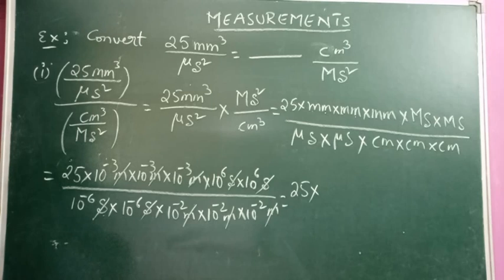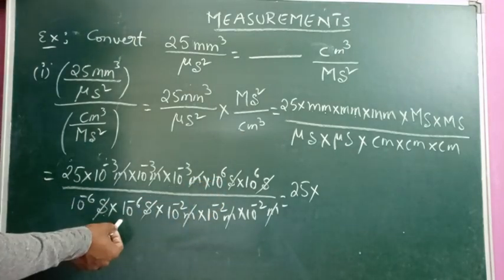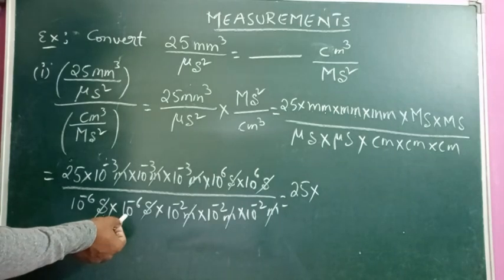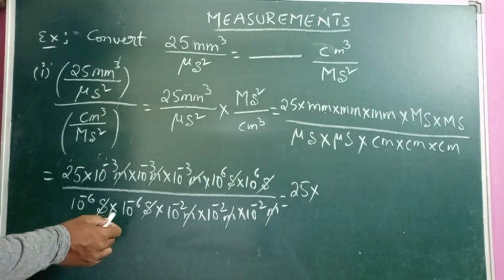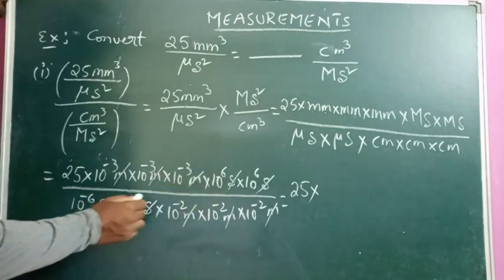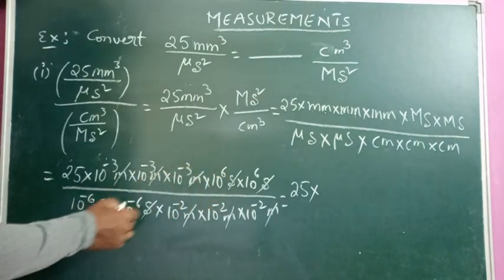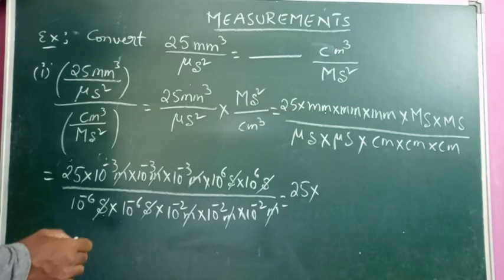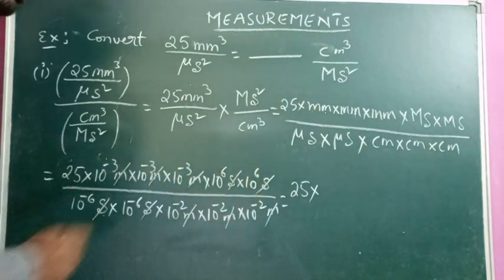Here we should not cancel this plus 6 and this minus 6. Why? Because if this minus 6 is sent to the numerator, it becomes plus 6. If we cancel, we must cancel the same terms. Here it is 10 power plus 6 and there it is 10 power minus 6, so these terms are not the same and we should not cancel each other. So when the bases are same, the powers should be added.